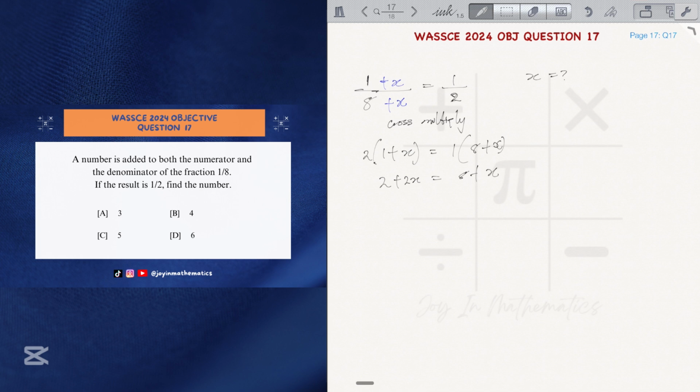So with that, we bring x to the left hand side, so we have 2x minus x. And let's bring this 2 from the left hand side to the right hand side, so this will give us 8 minus 2. So this will have x equal to 6, which is equivalent to option D. So remember, read the question, interpret the question, confirm the interpretation before you solve.